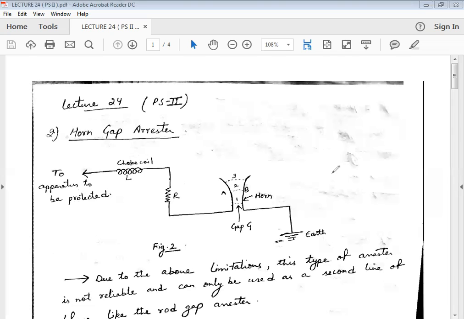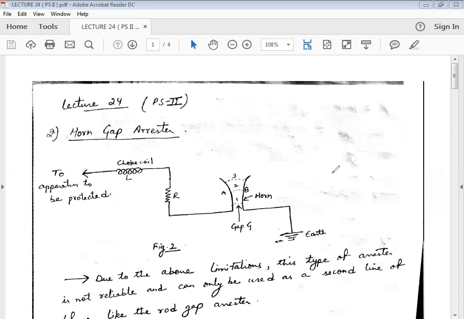When an over voltage occurs on the power system, an arc gets struck between the two metal rods, and the over voltage or over current flows through to the earth, because one end is connected to the line and the second end is earth.